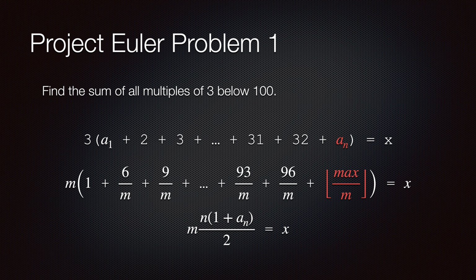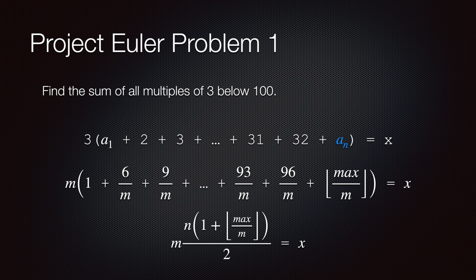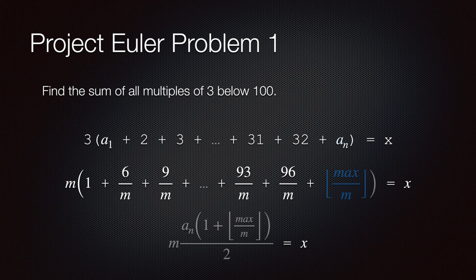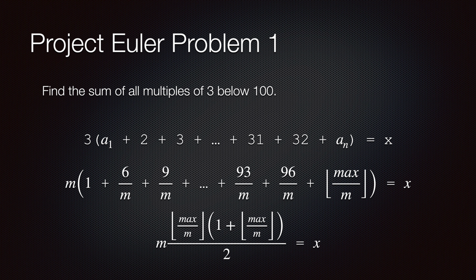A sub n is our floored max over m. Finally, n is just our a sub nth term representing how many terms we have, which is our floored max over m. And hopefully that's it.